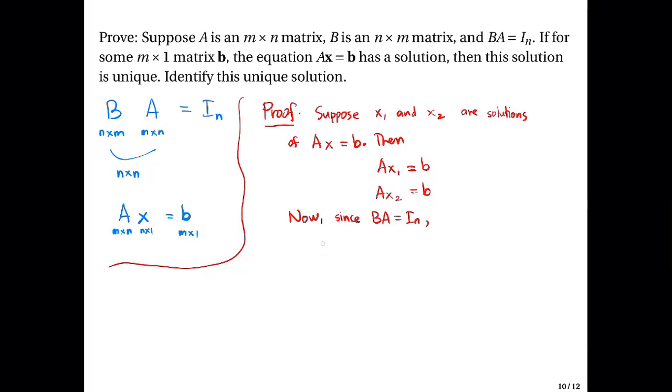You will have here x sub 1 minus x sub 2. This is equal to I, that's your identity matrix, multiplied to x sub 1 minus x sub 2. Correct?